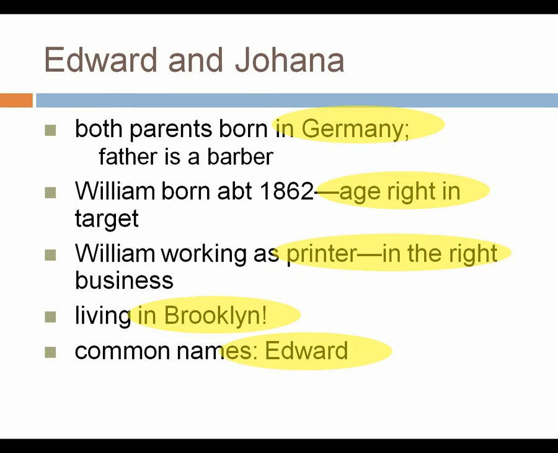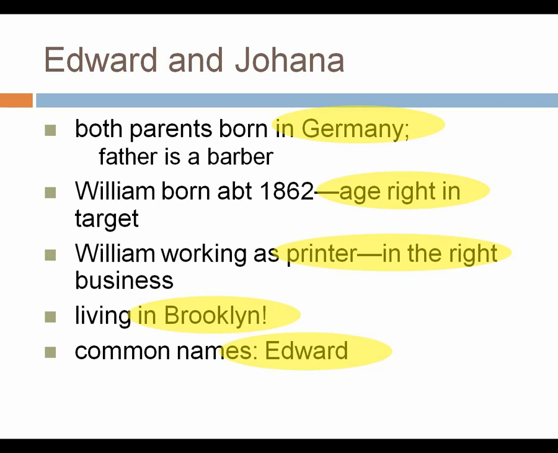Now we have Edward and Johana. Again, we have both parents born in Germany. That fits. The father in the household, Edward, is a barber. William was born about 1862. Now this is right in our target zone, 1861 to 1864. William is working as a printer.